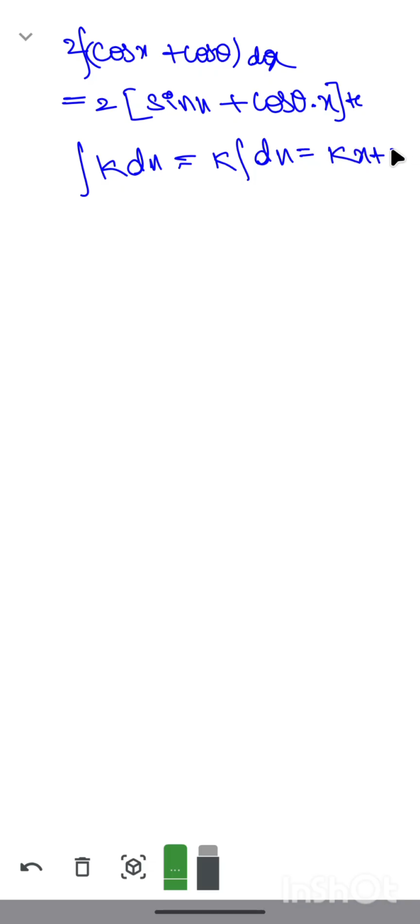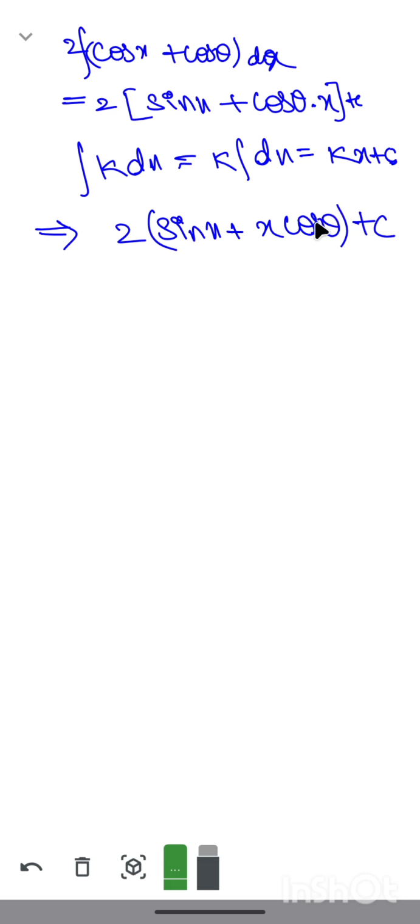According to this formula I have written the previous step's answer. Therefore the required final answer is 2 times sin x plus x into cos theta, plus c. This is our final answer. Hope you have understood. Moving to the next question.